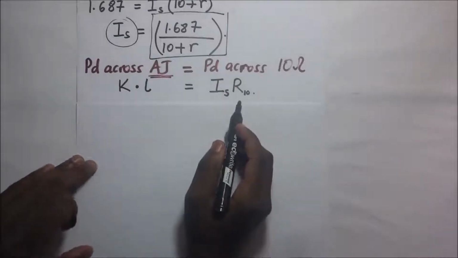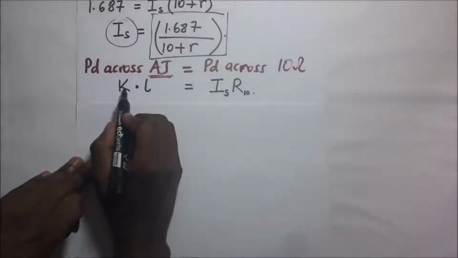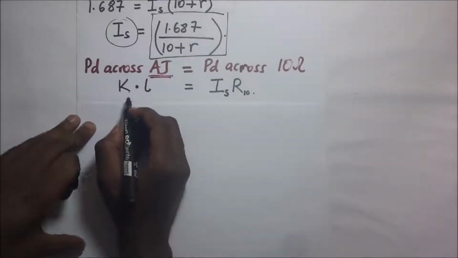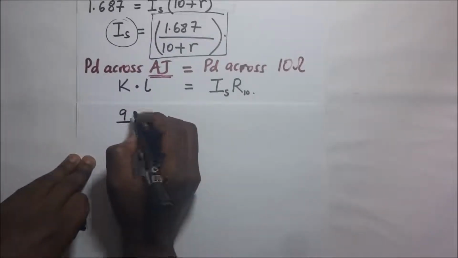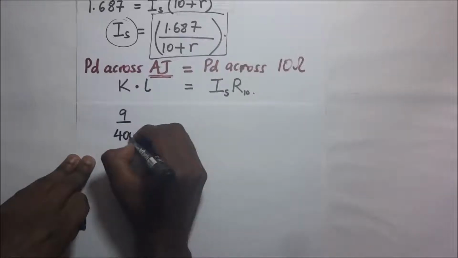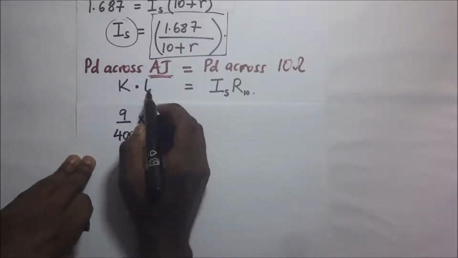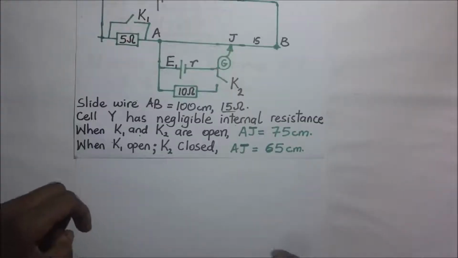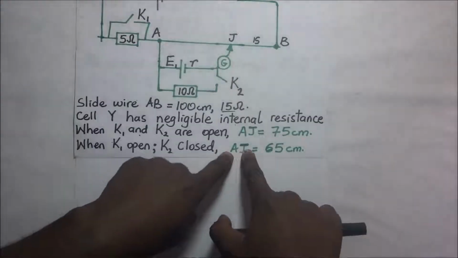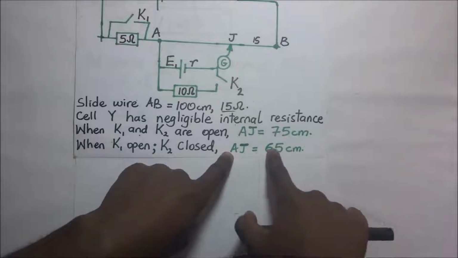What's our PD per unit length? Our PD per unit length, which we are calling K, we got before as 9 over 400 volts per centimeter. We multiply that by the balance length, which according to our question is 65 centimeters.